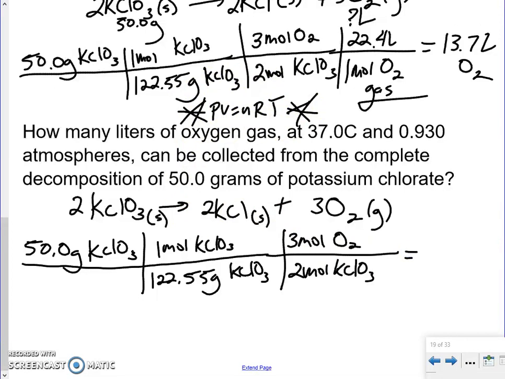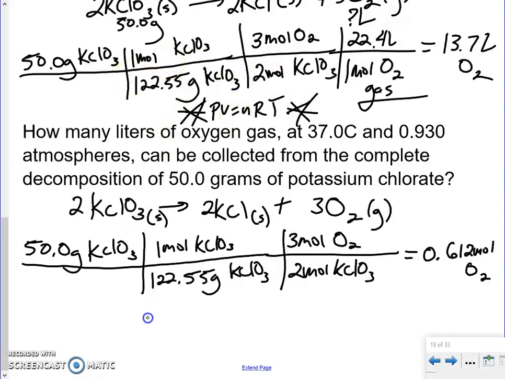So let's do our math. 50 divided by 122.55 times 3 divided by 2, I get a mole value for oxygen of 0.612 moles of O2. Now, what do we do with that?